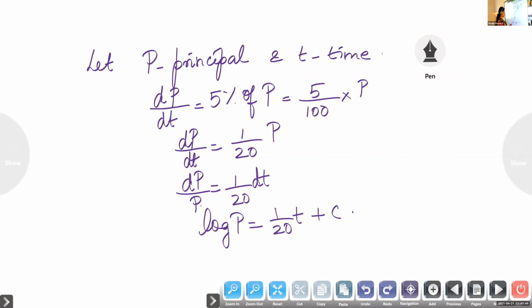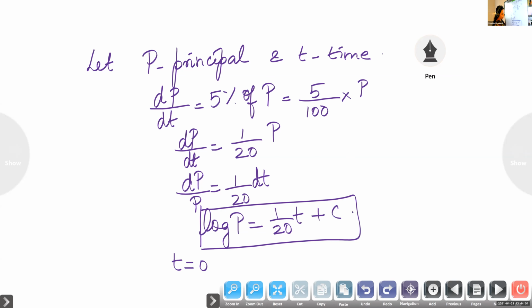It is correct. Now look at the initial conditions. What is given? In how many years will the amount double itself? When time is 0, in the beginning we are depositing 1,000 rupees.